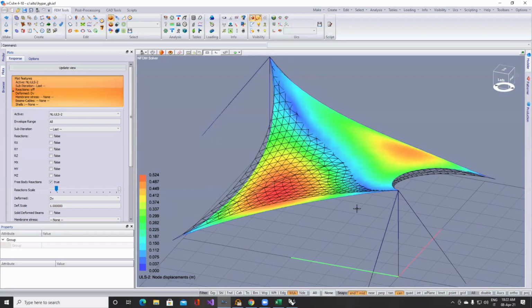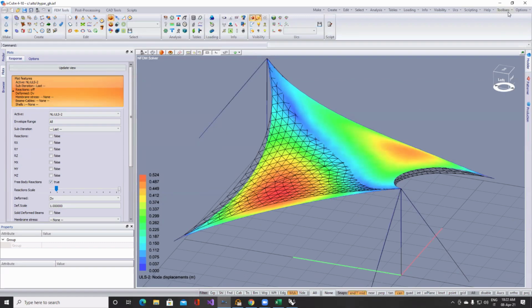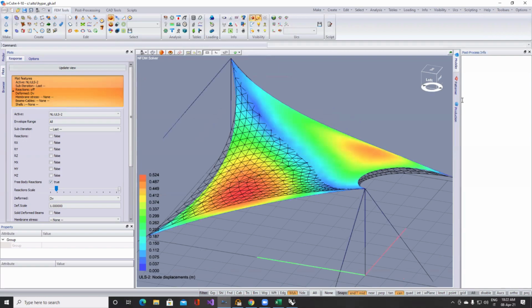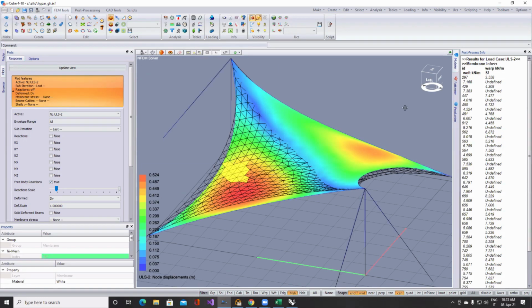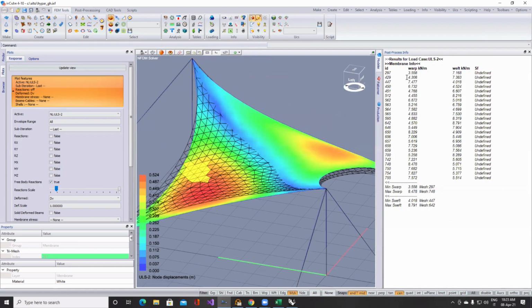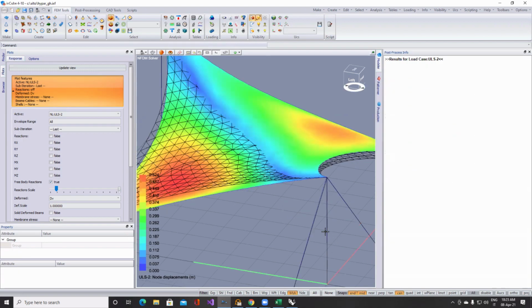If you want to query and have information about the model, you can open the post-process view. And as soon as you select elements, the post-process view will give you the information about the elements. In this case, the membrane is giving us the warp and the weft stress.